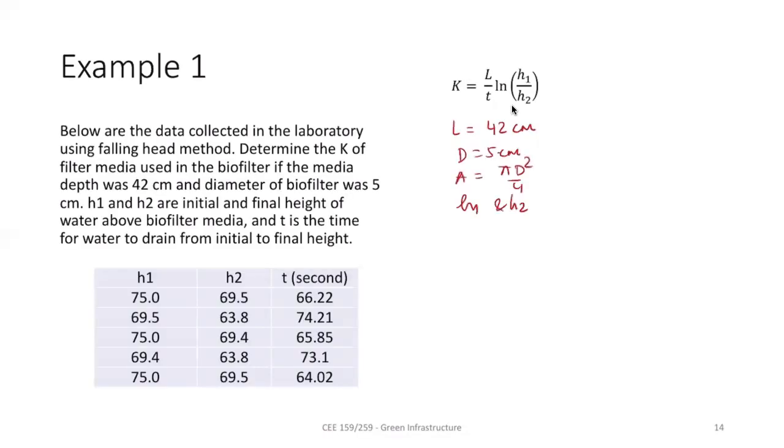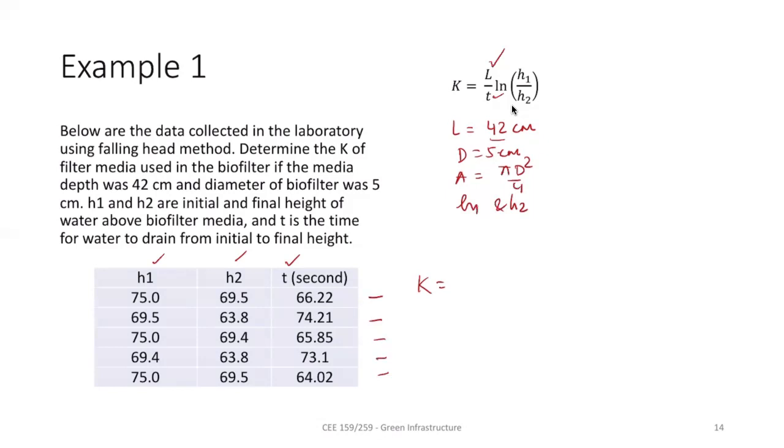So you use the equations to solve for that hydraulic conductivity. Again, L is given, which is 42 centimeters. T you calculate here. That's what you measure experimentally. You know H1, H2. You plug in the numbers, you get the answers. So you'll get answers for different K here, and then you can take the average.